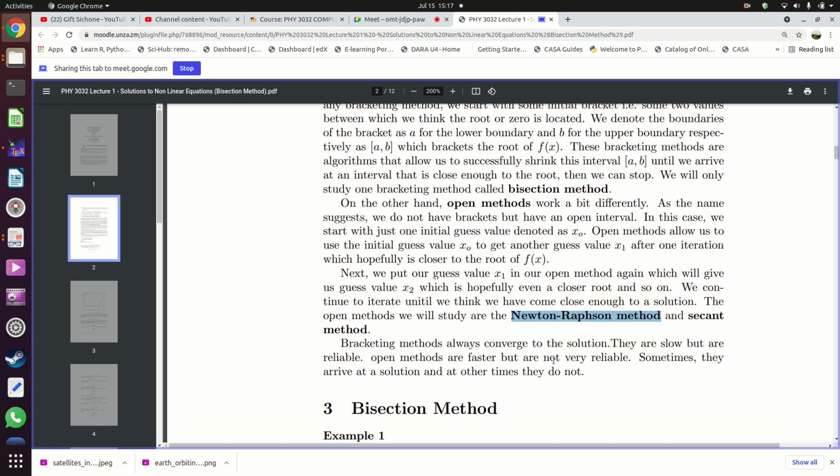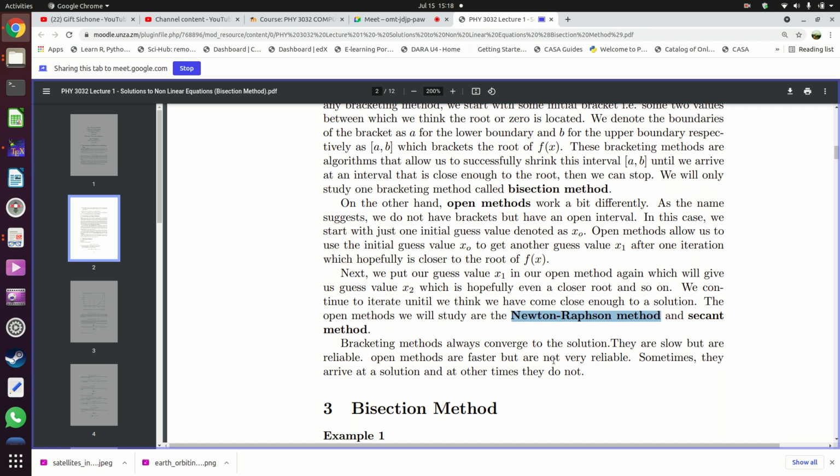As you make the bracket smaller and smaller, you end up having an answer. However, if you choose a bracket which does not hug the function, no matter how many times you try, you will never get the answer.